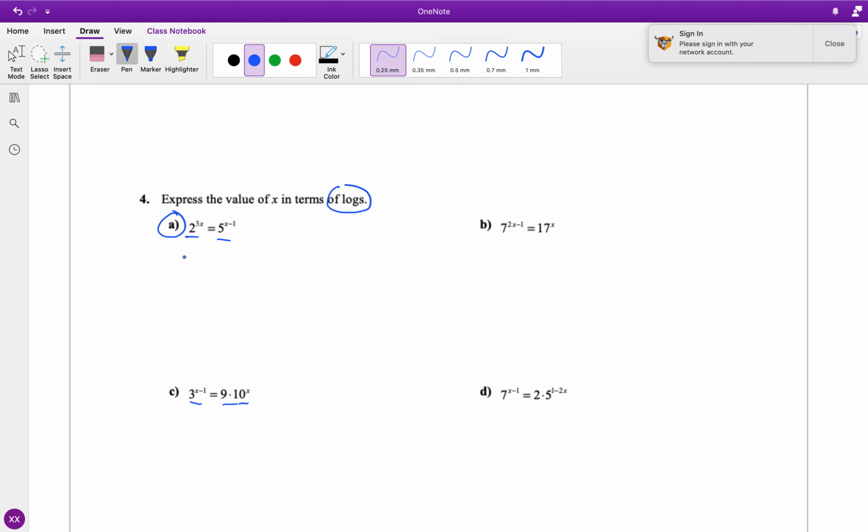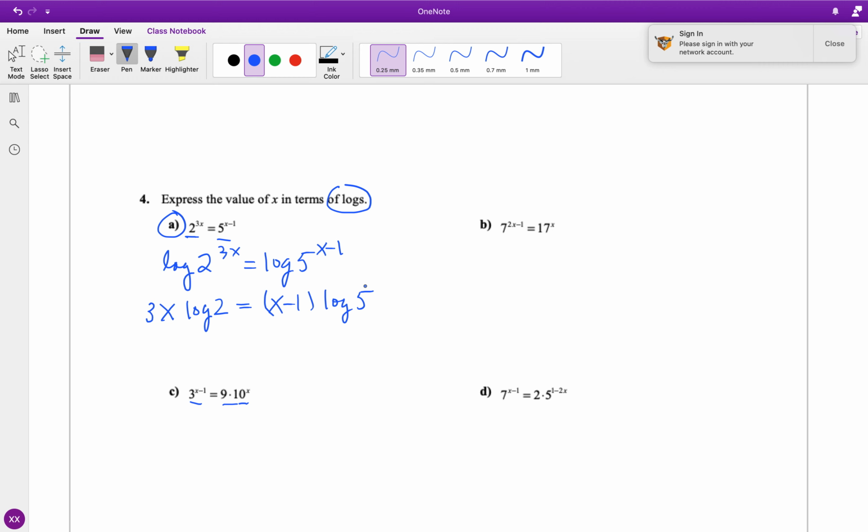So first of all, change them into log 10. So that means on both sides I just take log 10. So this is log 10 of 2 to the 3x equals log 10 of 5 to the x minus 1. So in this case, 3x multiplied by log 2 equals x minus 1 multiplied by log 5.